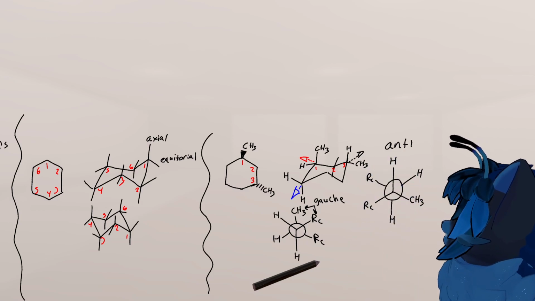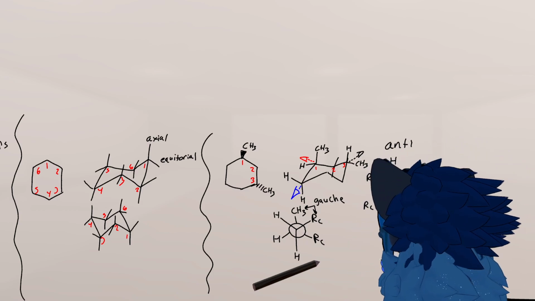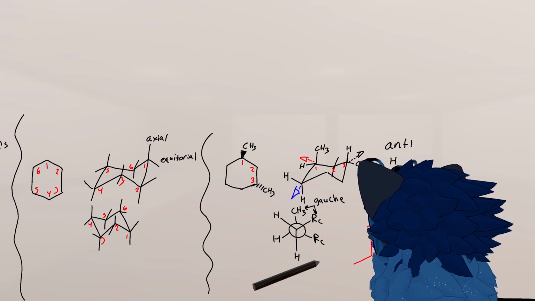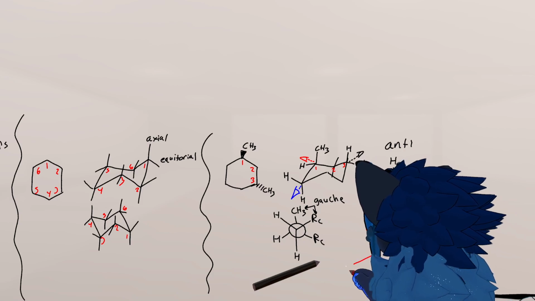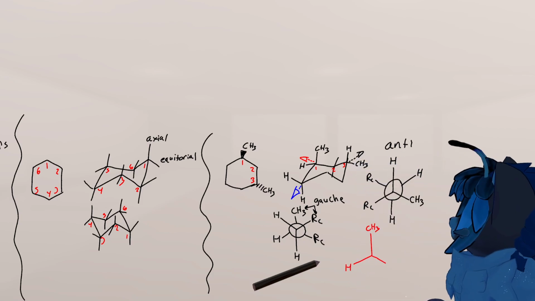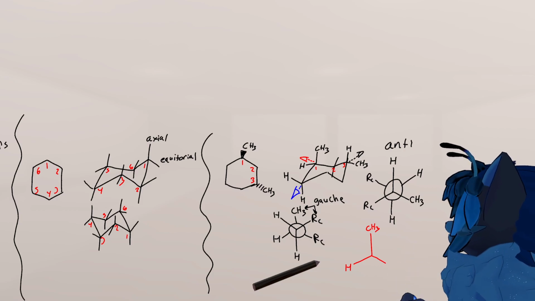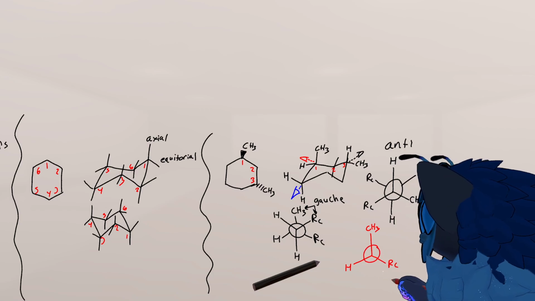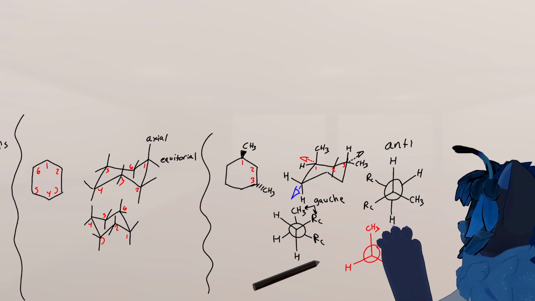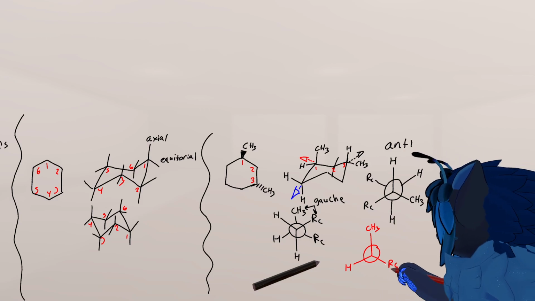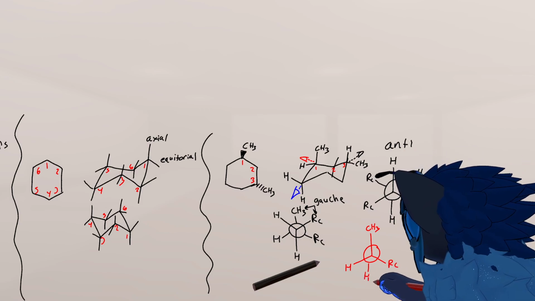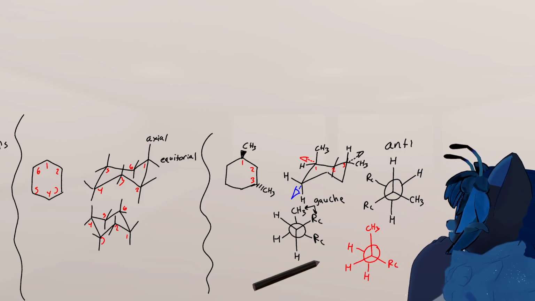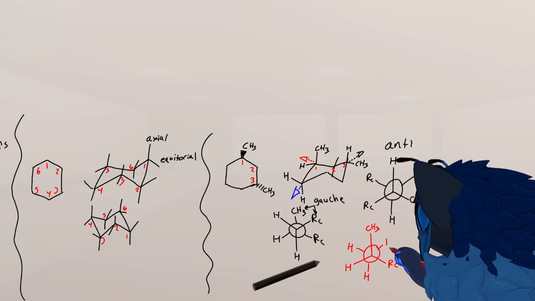Our methyl is pointing up, and our hydrogen is pointing down and to the left. Our ring carbon is pointing down and to the right. Let's draw the carbon 2 in the back. We have a hydrogen pointing down, a hydrogen pointing up and to the left, and we have a ring carbon also pointing up and to the right.